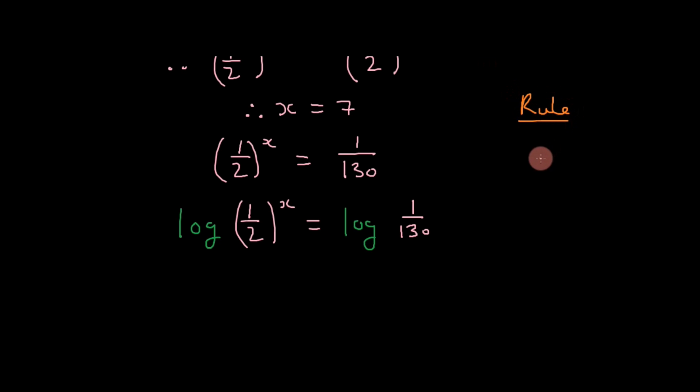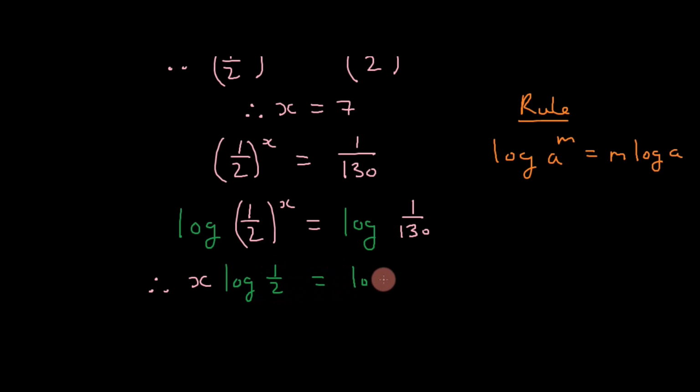So this is the log rule. The log of a to the power m equals m times the log of a. Applying this rule to the left-hand side here, the x can go to the front and be written in front of the log. So we have x times the log of a half equals the log of 1 over 130.